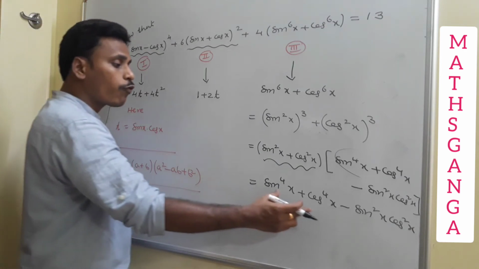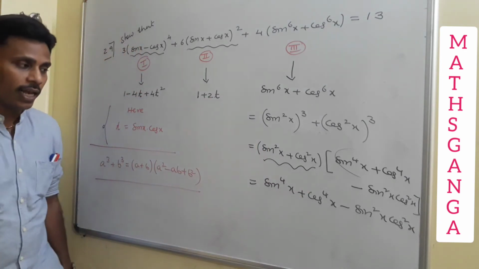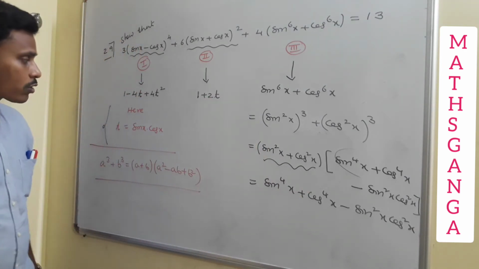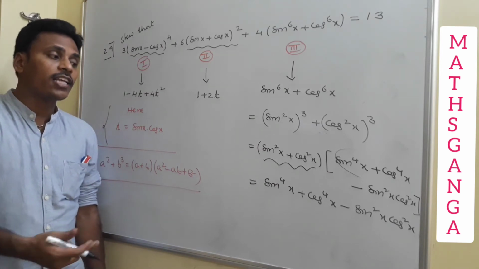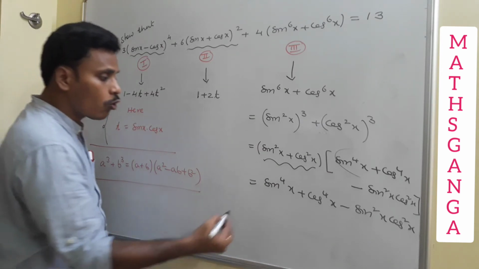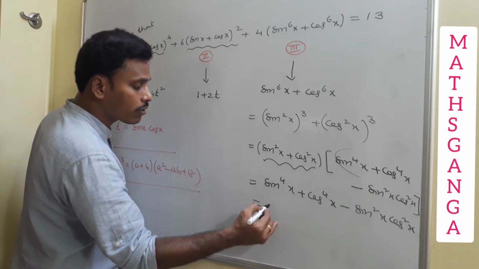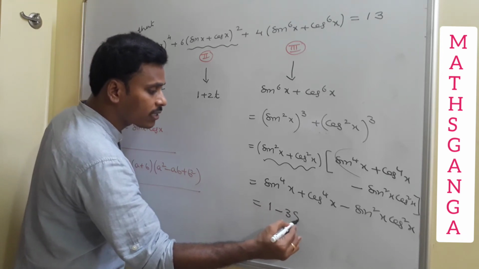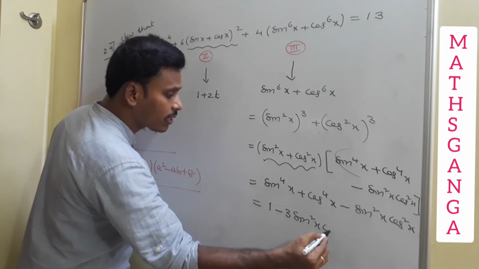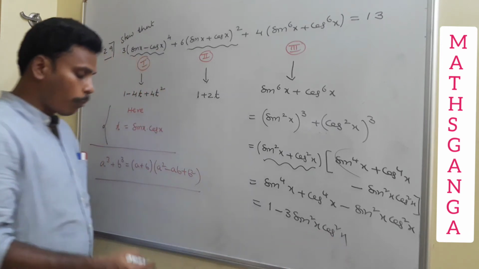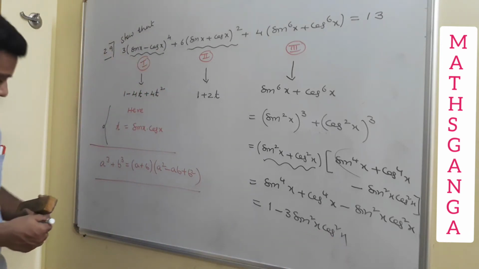This sin power 4x plus cos power 4x can be written as sin square x plus cos square x whole square minus 2 sin square x cos square x. So further, if you simplify, it becomes 1 minus 3 sin square x cos square x. You need to pay your attention there to simplify. How does it become this?